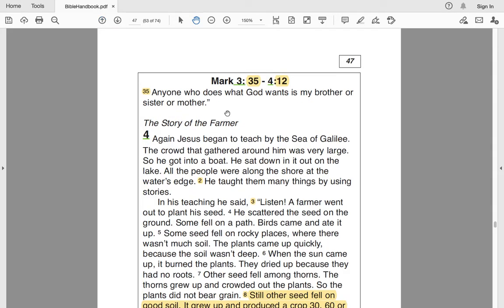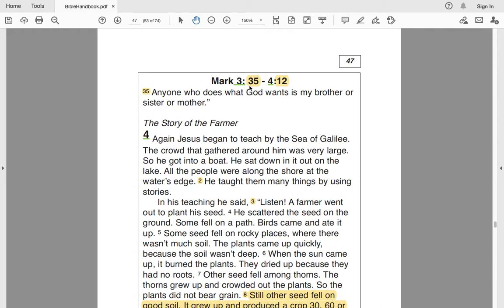So back on page 47, I underlined 3 because it's marked chapter 3. I circle 35 because it's marked chapter 3, verse 35. Just as I underline 4 for Mark chapter 4, it's verse number 12.